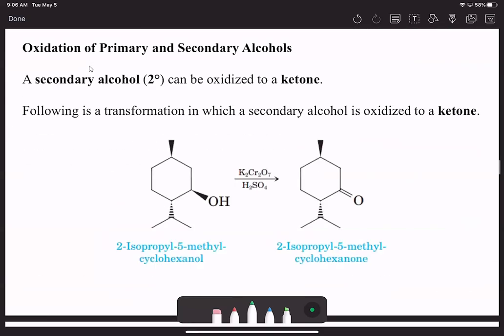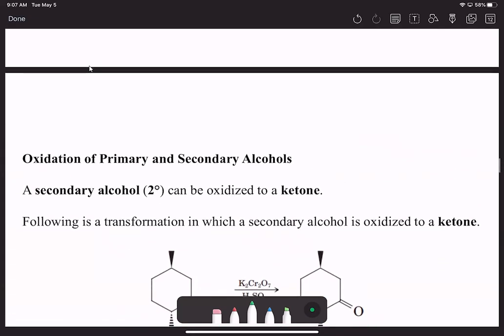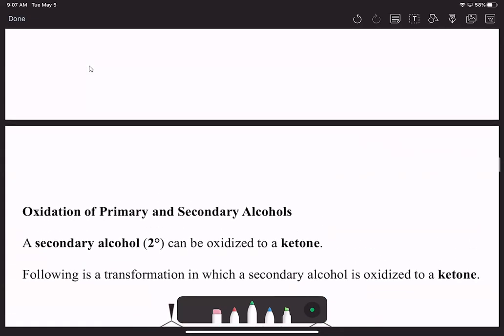Okay. Now with secondary alcohols. If we look at this one here, what we're going to get with secondary alcohols, let's not look at that reaction quite just yet. So let's draw a secondary alcohol.